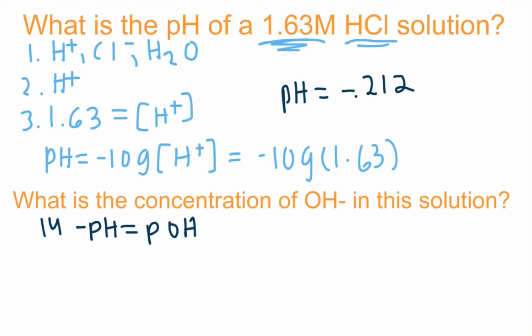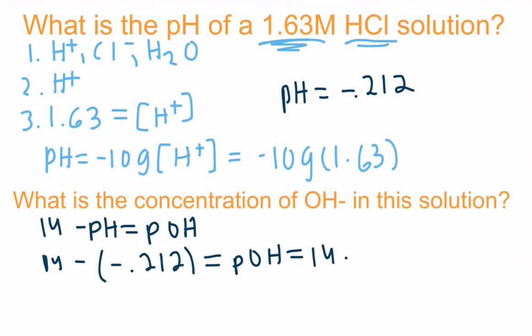So if we sub in that negative number that we just got, we will get our pOH to be a positive 14.212.